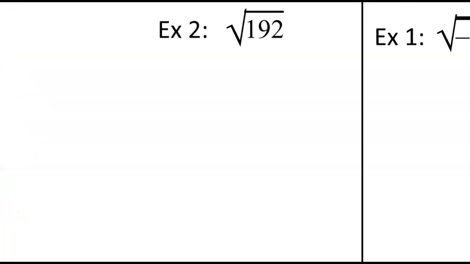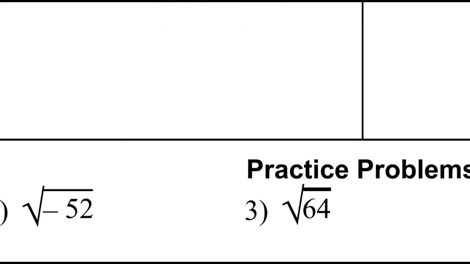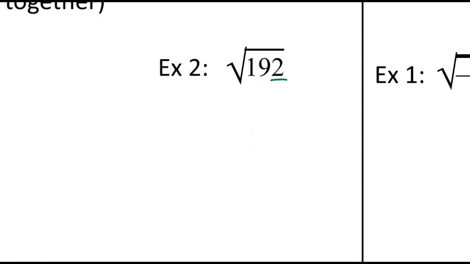Okay, so let's try 192. This is a harder number. When you get up to the harder numbers, what's the easiest factor you can look for? 2. If it's an even number, like this one is, it ends in a 2, you know that it's divisible by 2. 2 is going to be one of its factors. 2 times what, though?